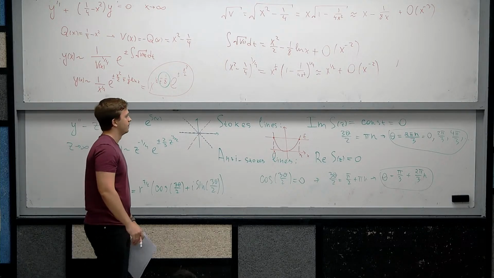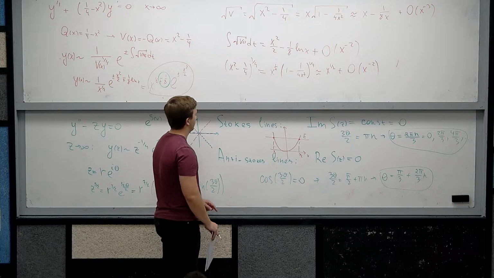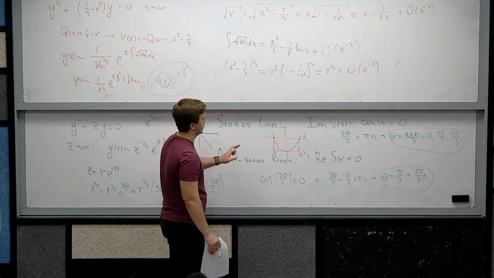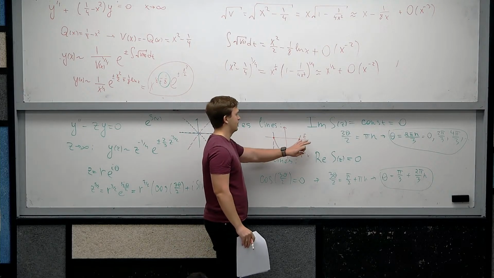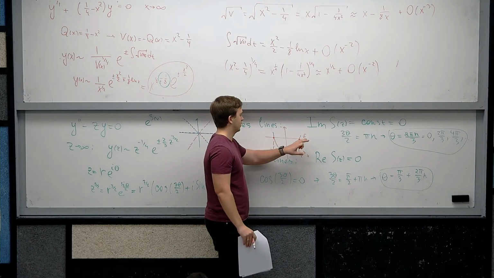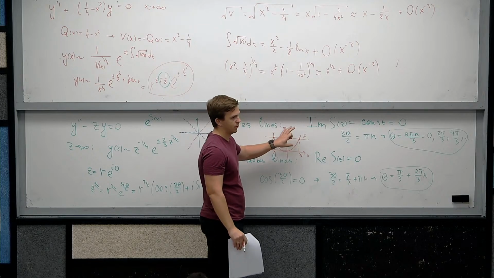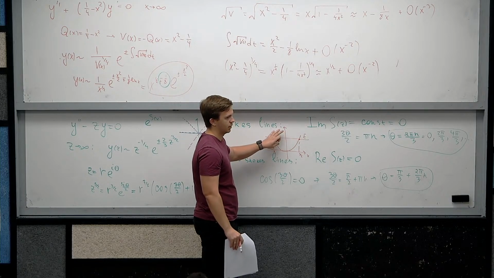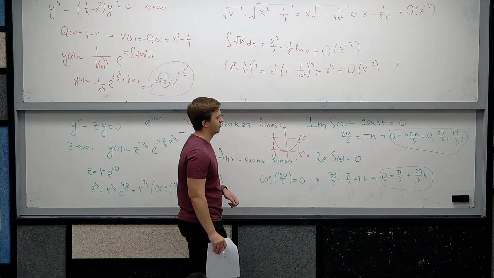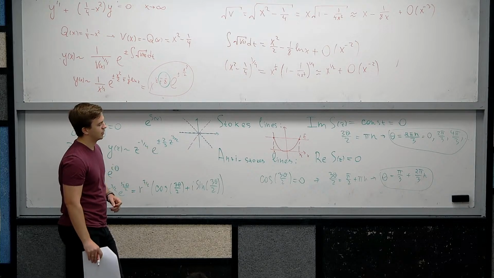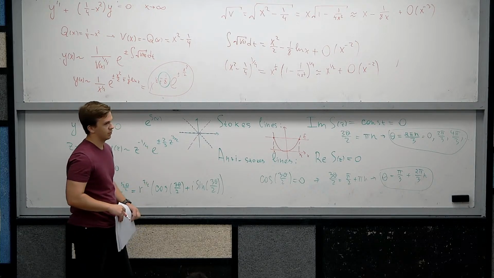And the idea of Stokes lines basically helps you to understand how you can match the solution in the forbidden zone with the solution in the allowed zone. So actually with this you can also derive the quantization law.